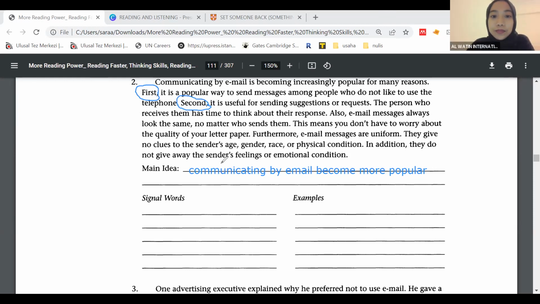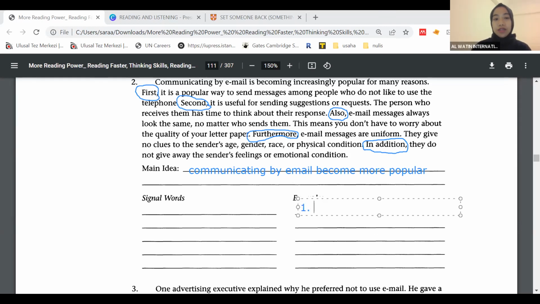What else? Also, perfect. What else? Furthermore, yes, great. In addition, yes, you want to give more examples or more points. In addition. Great.